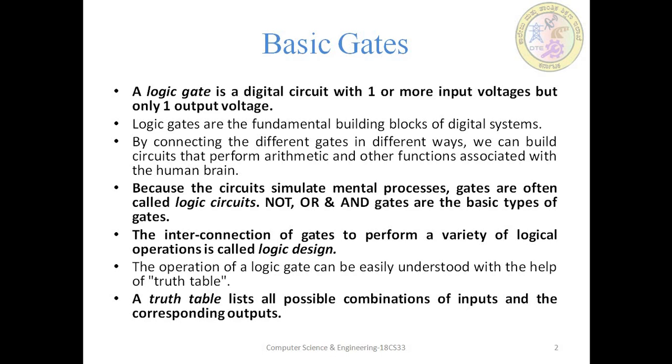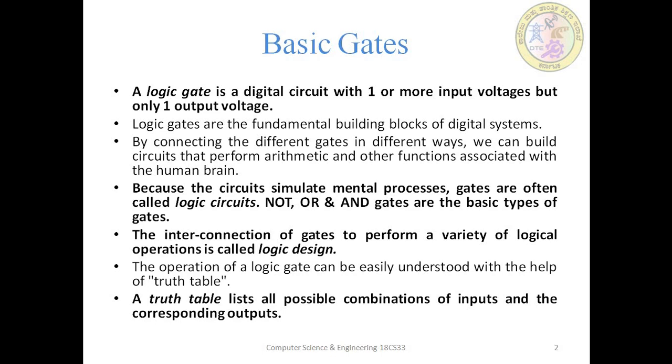Basically, we have three basic gates: NOT, OR, and AND, and we also have some other gates: XOR, XNOR, NOR, and NAND. NOR and NAND gates are called universal gates, the reason being that using those gates, other types of gates can be constructed.